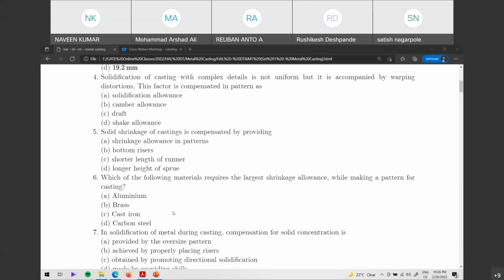Okay. So which of the following materials is having the largest allowance while making a pattern? Please think again and tell me.